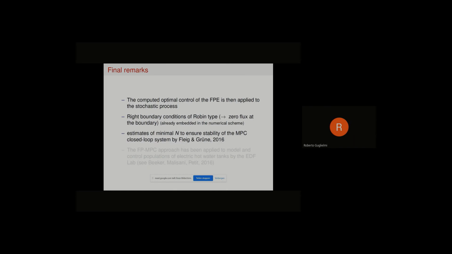And then also, as I mentioned at the very beginning, this combination of Fokker-Planck and model predictive control approach has been applied by the EDF lab, the electricity company in France, at least from their research and development lab, to model and control populations of large numbers of electric hot water tanks, which is connected with the distribution of utilities over large networks of users and suppliers, as I said in the introduction.